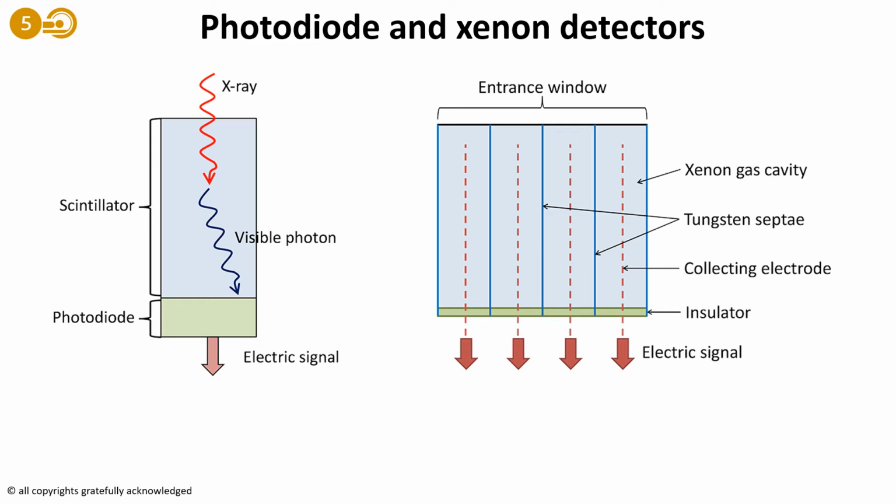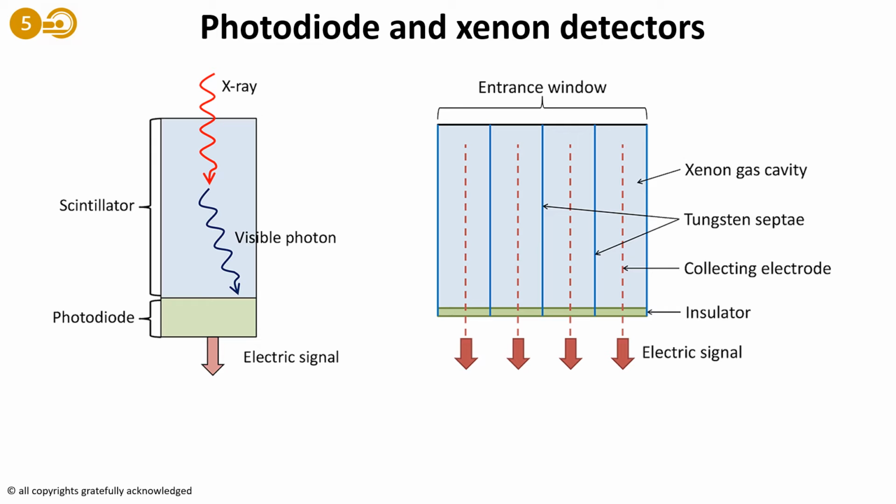And there are some interesting similarities and differences between these. In both cases, you get an X-ray photon arrive through the top of the detector, and it creates multiple particles. On the left, it creates multiple visible photons, and those are caught by the photodiode at the bottom and produce an electrical signal. On the right, it creates multiple ions. It splits the xenon gas into ions, positive and negative ions.